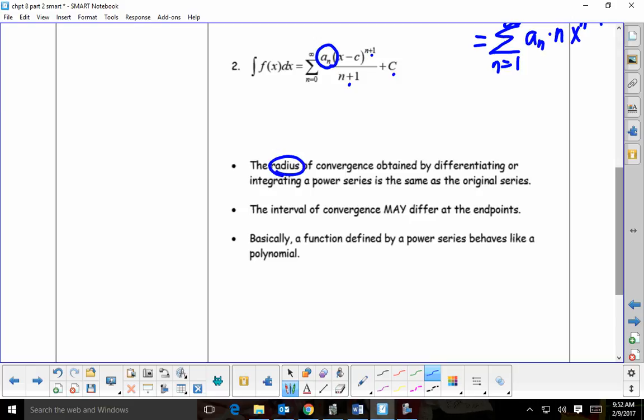So that radius is the same for the original, the derivative, and the antiderivatives. But the endpoints may differ. Remember how we had those question marks? Those endpoints could be different. So that's just a little side note.